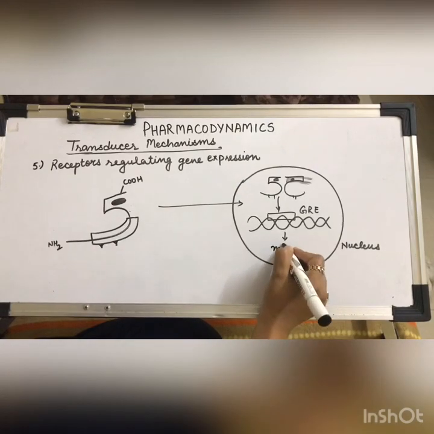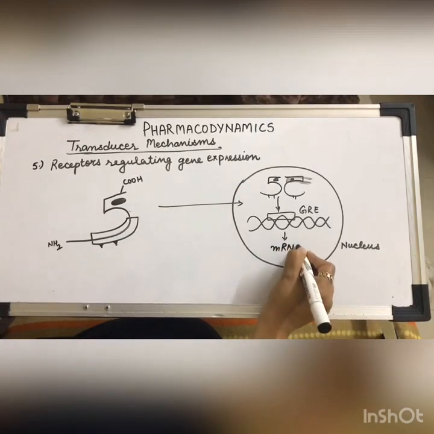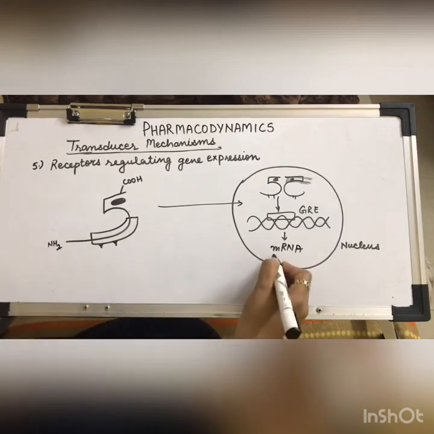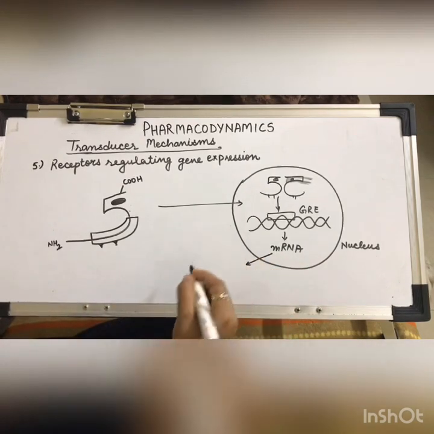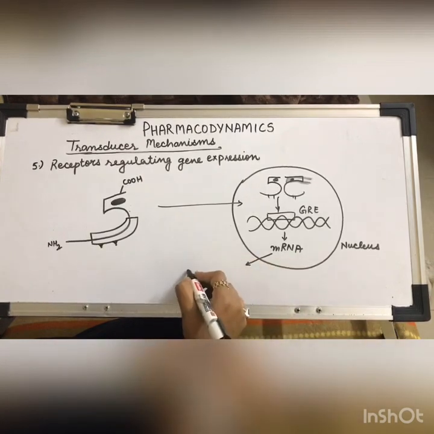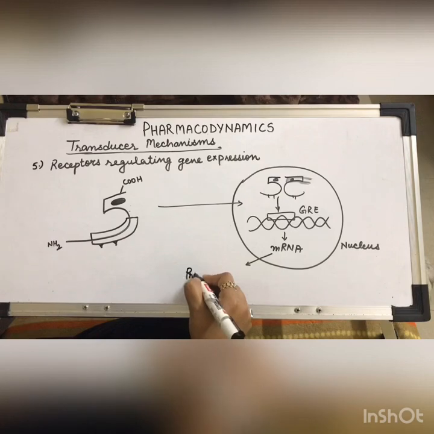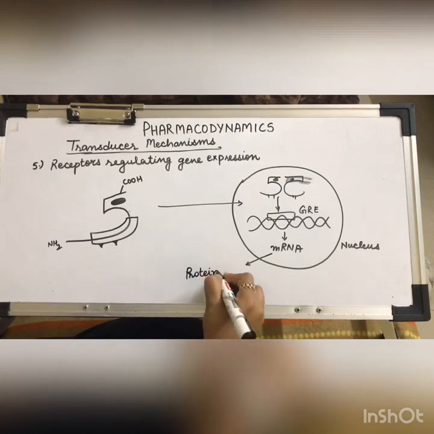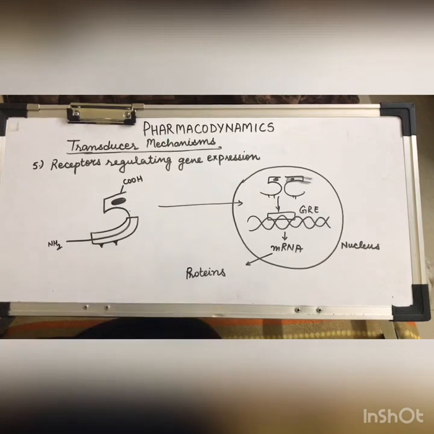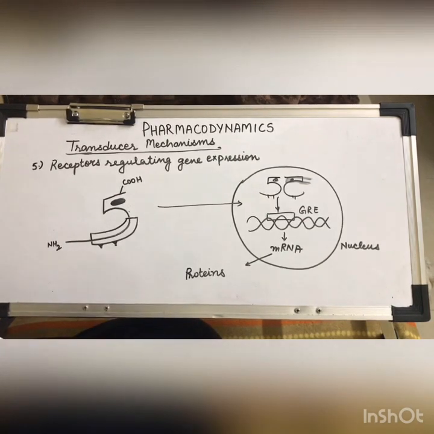That means a particular mRNA will be formed. After formation of mRNA, it goes outside the nucleus and translation occurs in the ribosomes and proteins will be formed. These particular proteins are responsible for the alteration of the cell's functions.